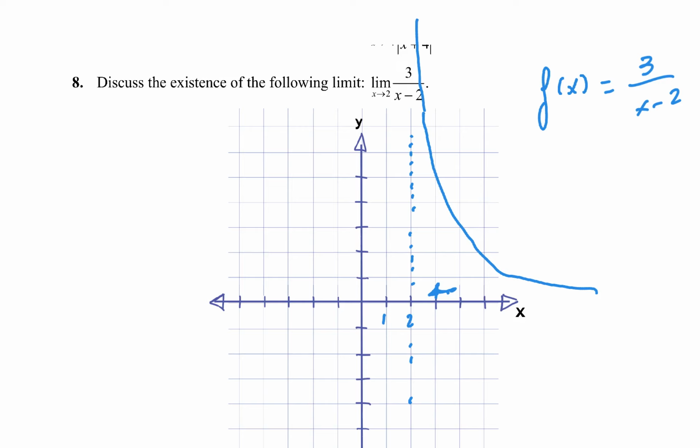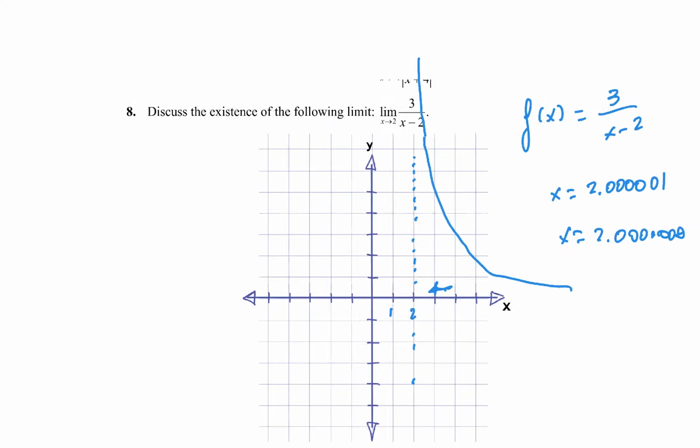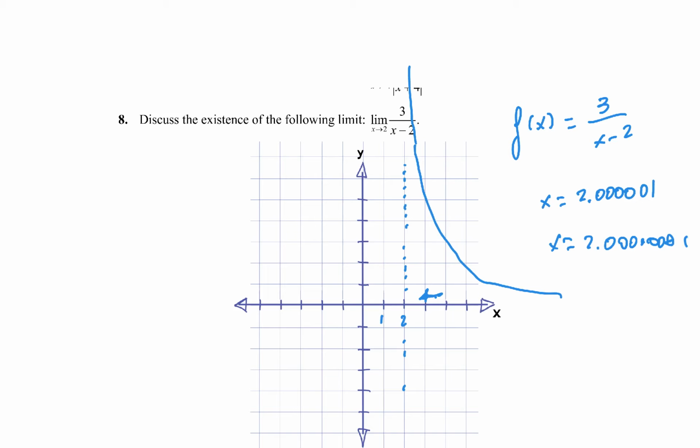You can plug in numbers: if x equals 2.00001, you are approaching a big number. And if you take x equal 2.000000001, you are approaching an even bigger number. You never approach a fixed number. So your intuition will say that there is no limit.